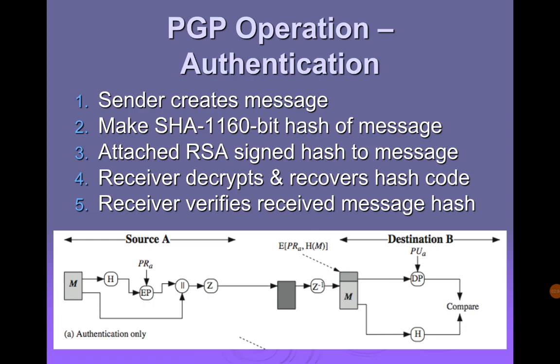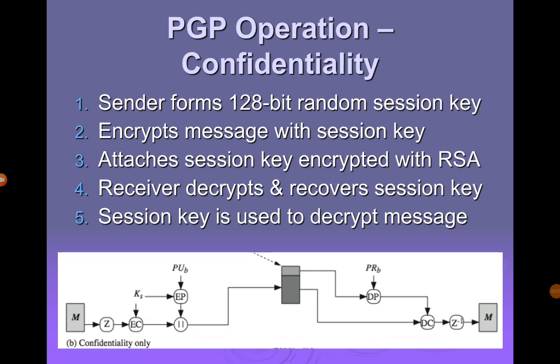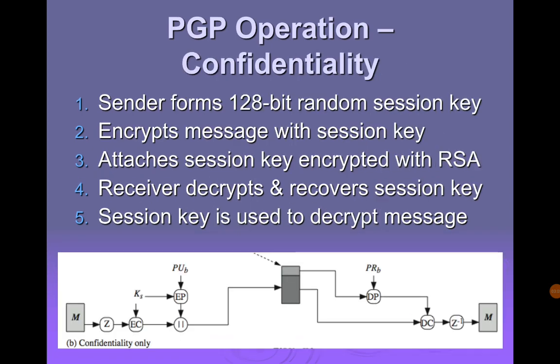It is given to the receiver. At the receiver end, initially the message is decompressed, and from the decompressed message, we again calculate the hash code, and the calculated hash code is compared with the decrypted hash code.